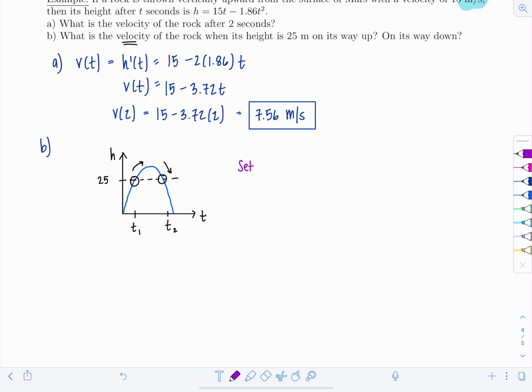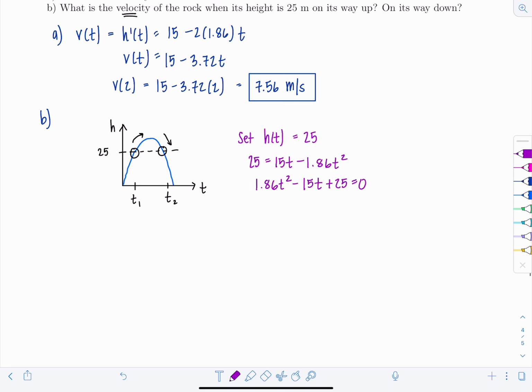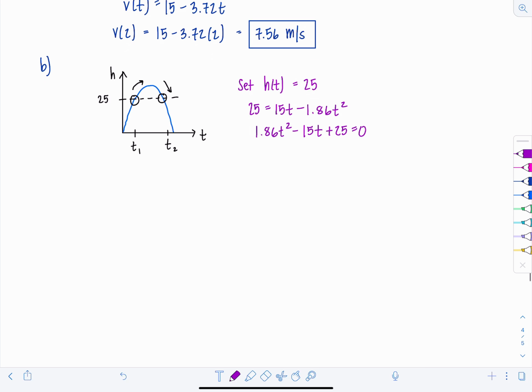So I'm going to set h of t equal to 25. So that means 25 equals 15t minus 1.86 t squared. Let's set this equal to 0, so 1.86 t squared minus 15t plus 25 is 0. It is quadratic formula time if I've ever seen one.